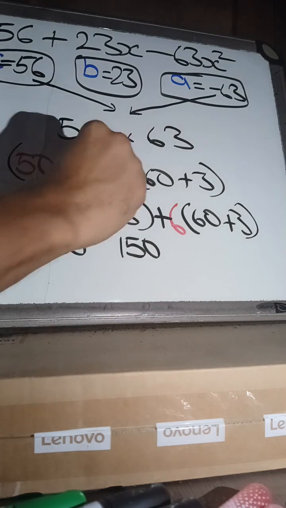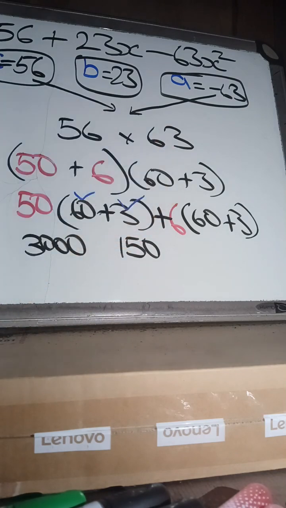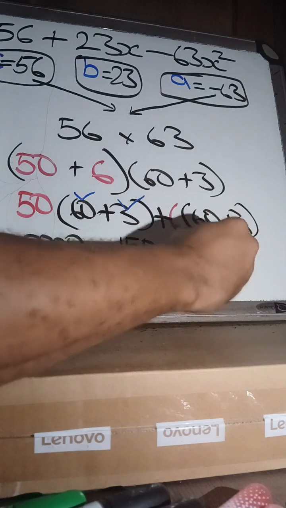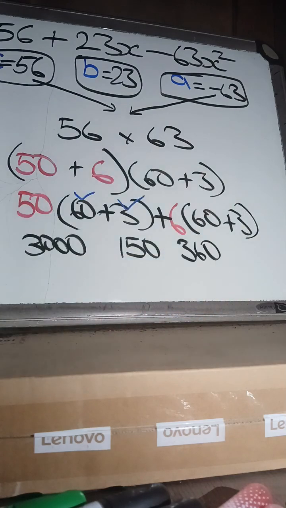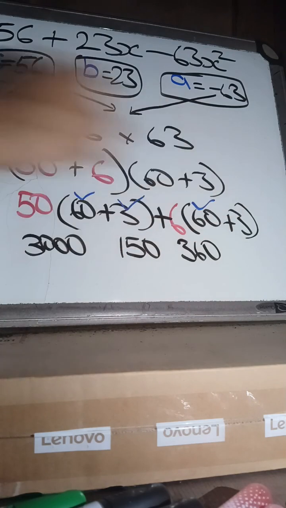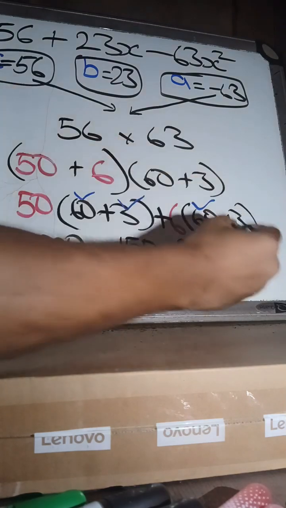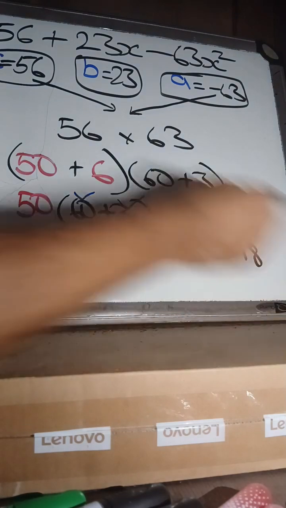And now we're done with that. So we can move on to the 6 part now. 6 multiplied by 60, we have 360. So we take that part there too. And the last thing now, 6 times 3, we have 18.